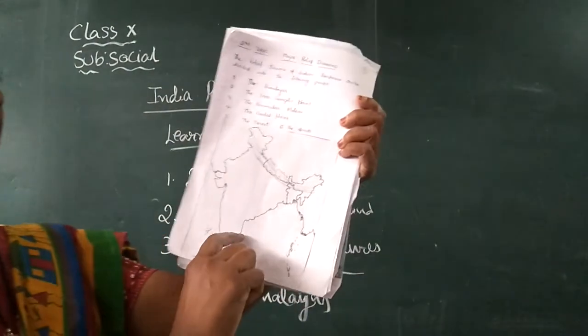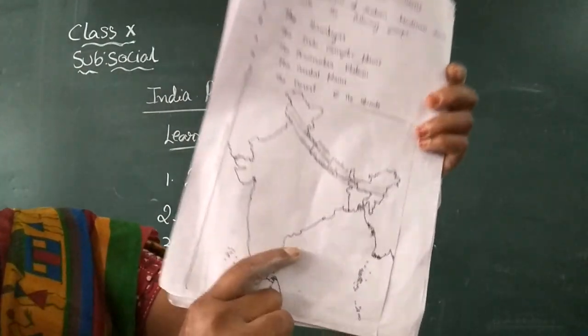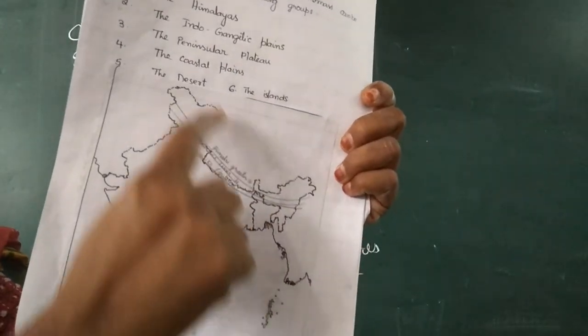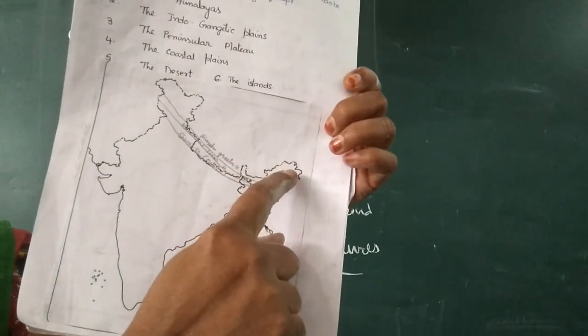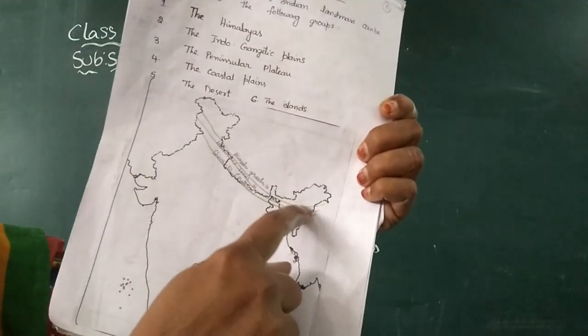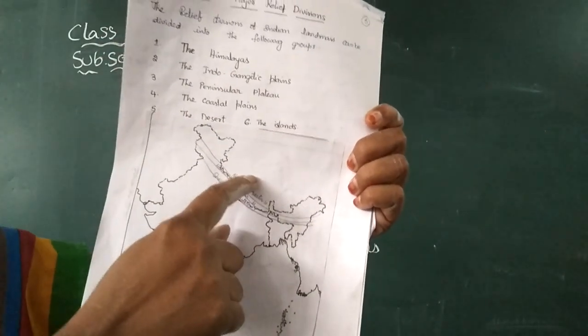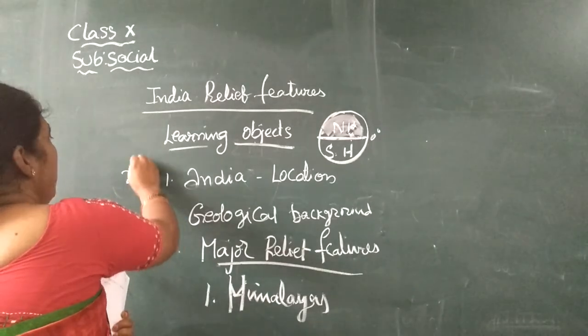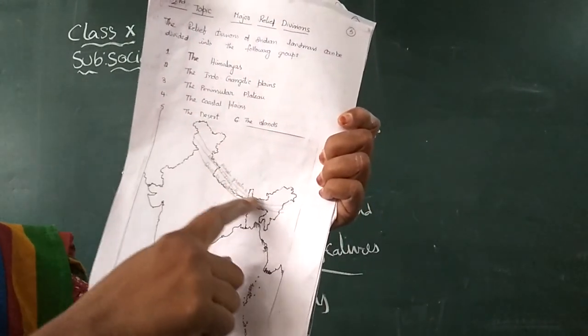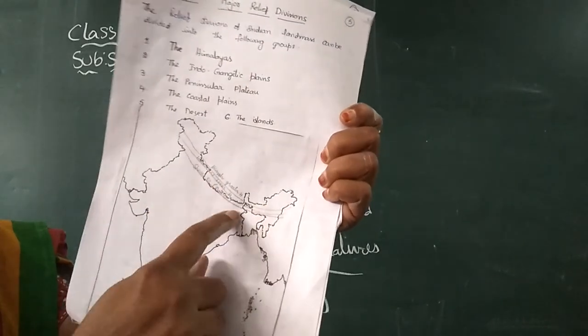See this picture, these Himalayan ranges are stretched from Jammu and Kashmir to Arunachal Pradesh. It is stretched about 2,400 kilometers from west to east in an arc.